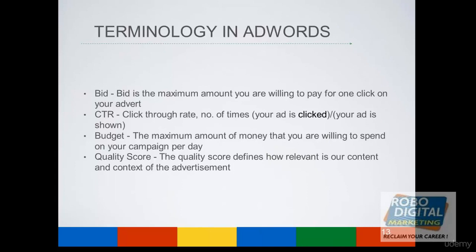But if somebody is searching for a course and my ad is shown, that is irrelevant. So Google does not want the advertiser to take advantage of them. Okay, so they define the quality score of it. Clear, Joanna? Okay. Yep.